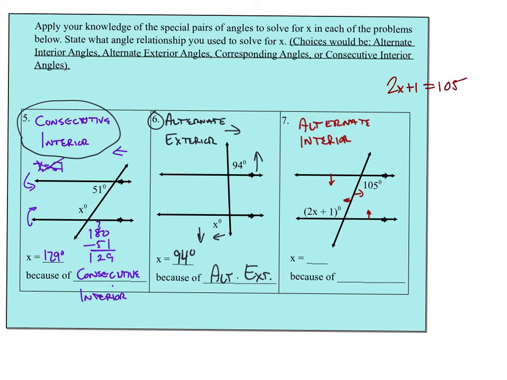So that's just an algebra problem. You've done many like this before. 2, so that becomes 0. This becomes 1. X becomes 52. So I can just say 52 because of, here I will say alternate interior. Okay, there we go.